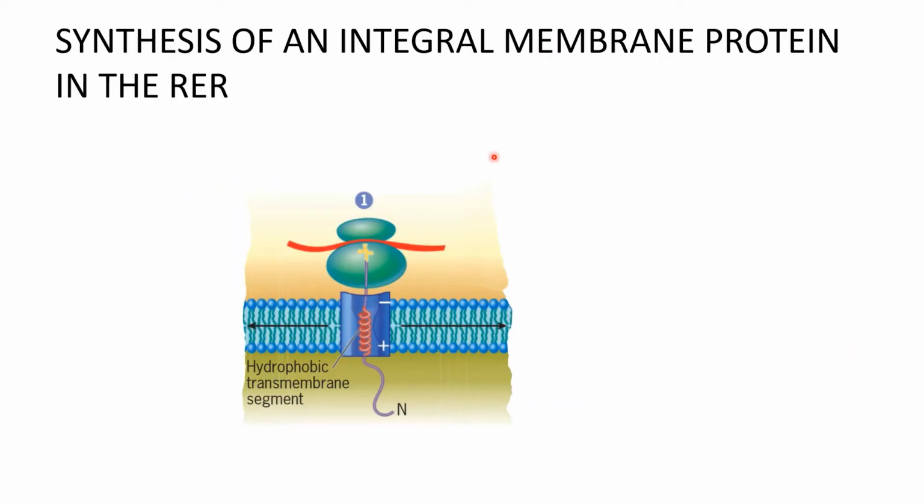So how then are integral membrane proteins deposited? If the nascent polypeptide is an integral membrane protein, meaning it goes through the lipid bilayer of the cell membrane, how then are they deposited?